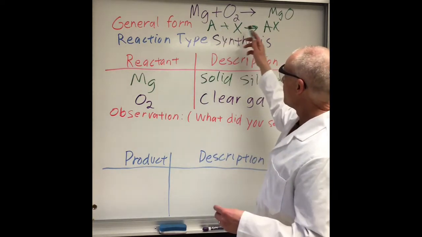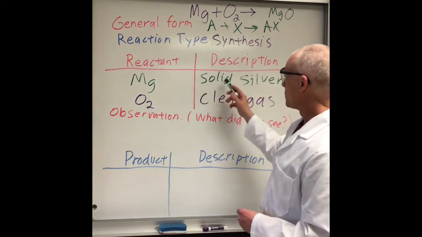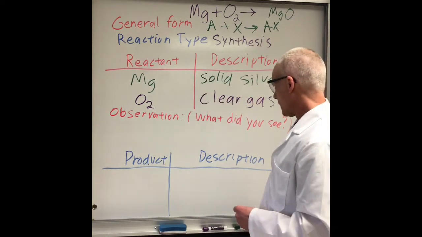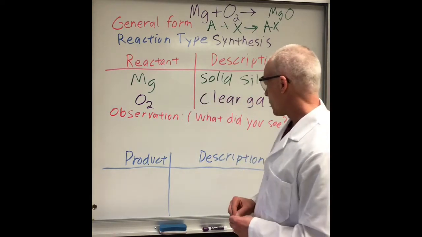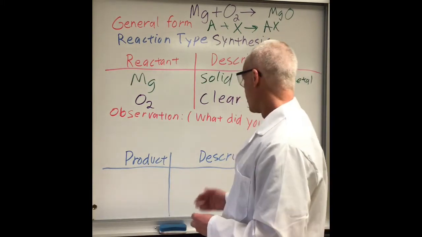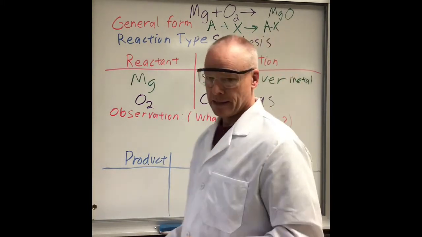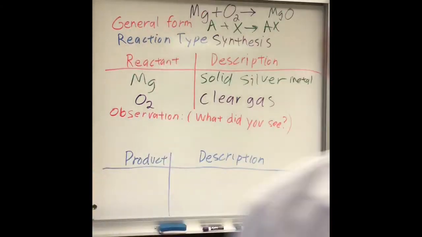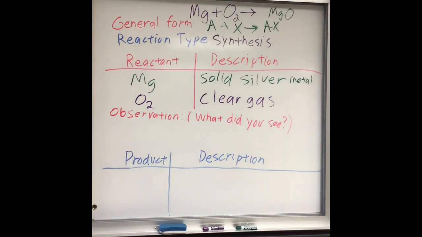So now we have everything ready to go. We have our descriptions of our reactants, and now we need to conduct the experiment, make our observations, and then look at our products. So we can bring the camera over to our setup. Everything is ready to go here.